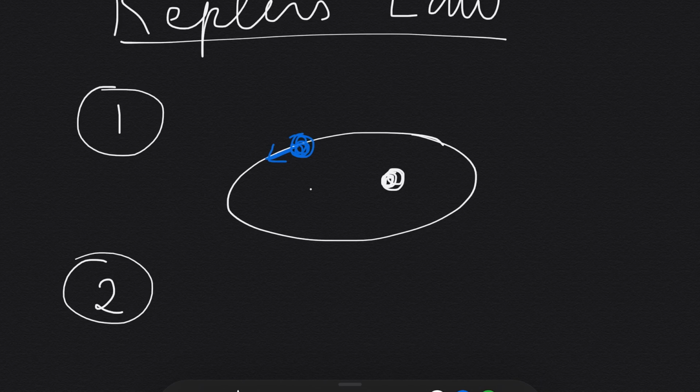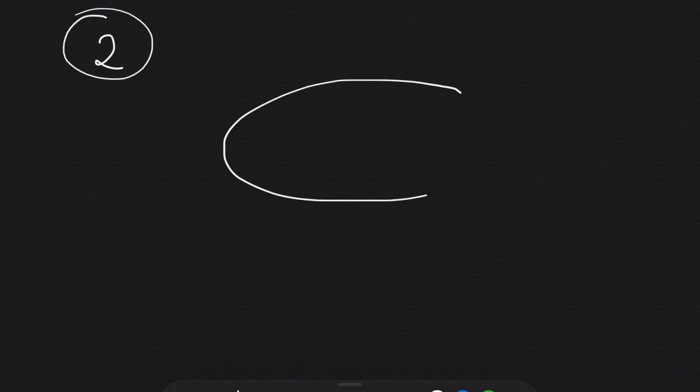All right, the second law says that when a planet travels in an orbit, an imaginary line connecting the planet and one of the foci sweeps equal areas in equal intervals of time. Now I know you probably think, what? So let me just draw it out. So let's draw a nice ellipse here. Let's say that this is our sun and this is the Earth.